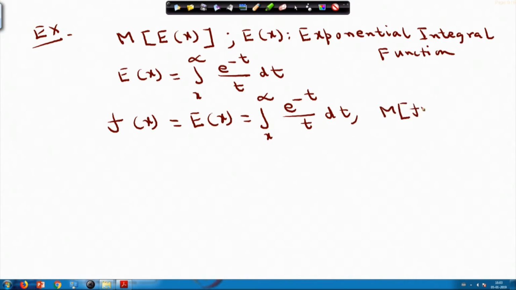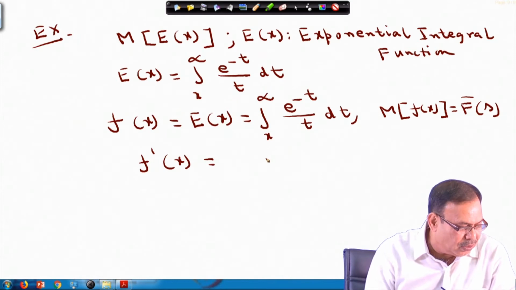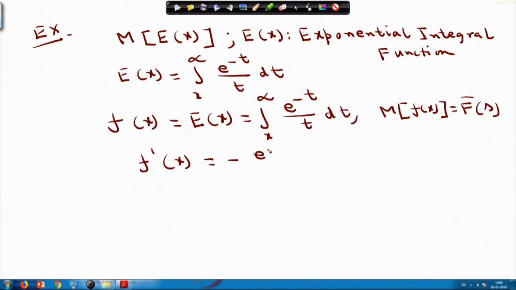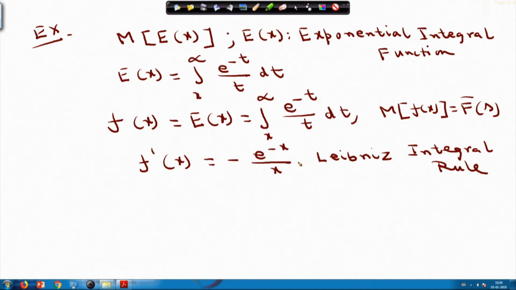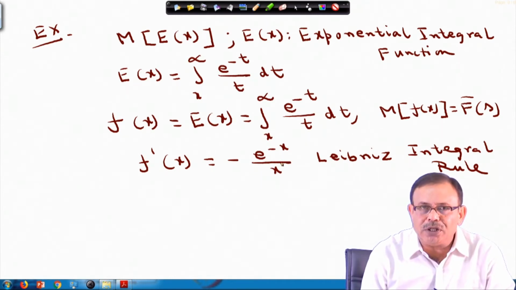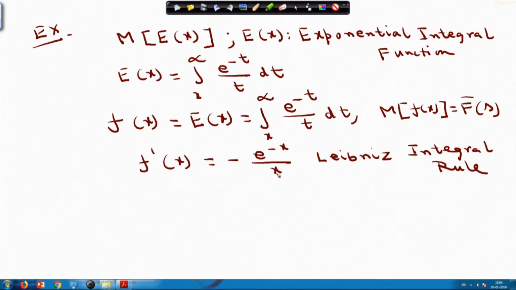If I take the Mellin transform of f of x, it will be equal to f bar of s. Now, differentiating with respect to x on both sides, using the Leibniz integral rule, that is, differentiation under the sign of integration, we can write f dash of x equals minus e to the power minus x by x.